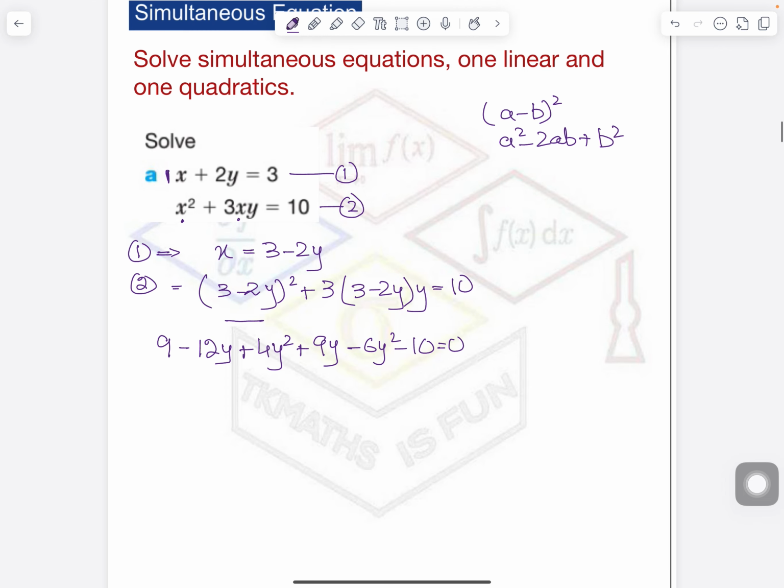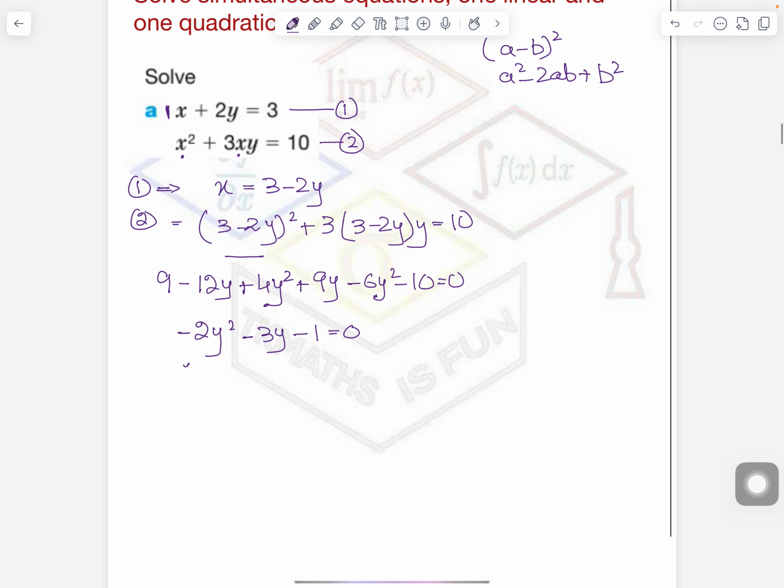Now just simplify it, like terms. You know this one, y square and then y. And we will multiply all of them by minus 1 so that I have the first coefficient of y square plus.